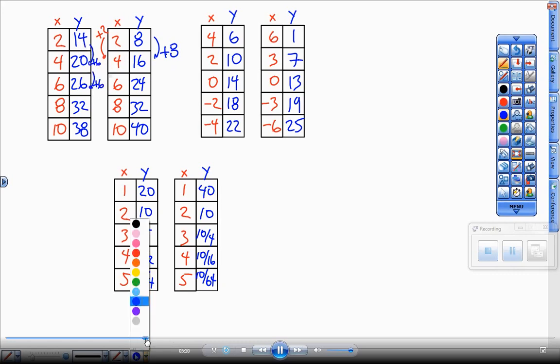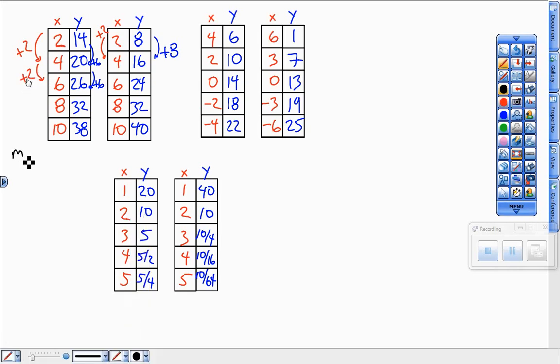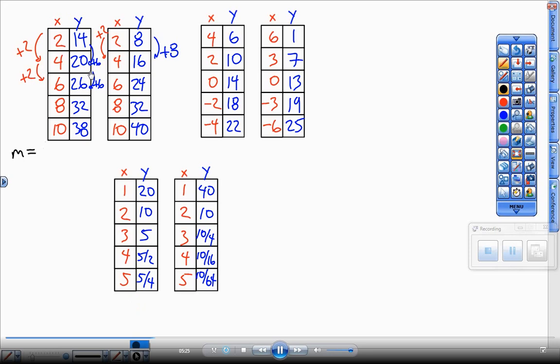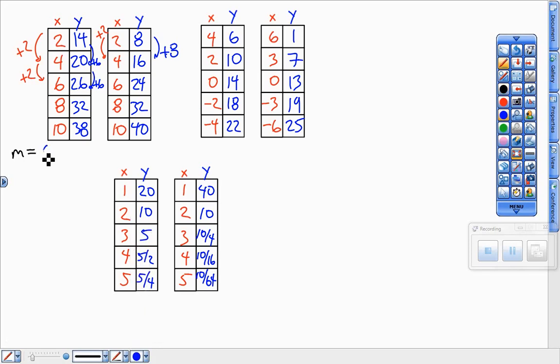I will fix that. Going up by 6, going up by 6. This is going up by 2. If I put those together, one slope is 6 over 2. The other one is 8 over 2. 6 over 2 gives me 3. And then the other one, 8 over 2, gives me 4.